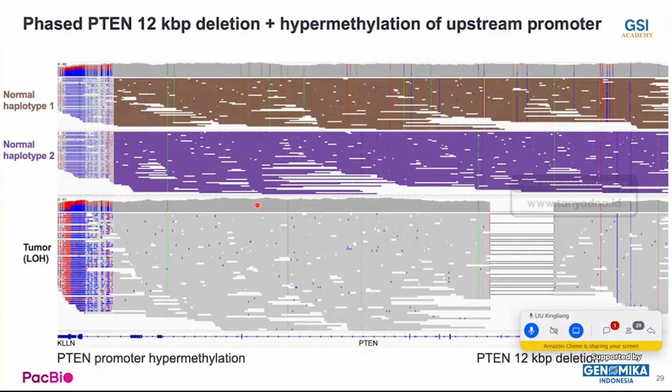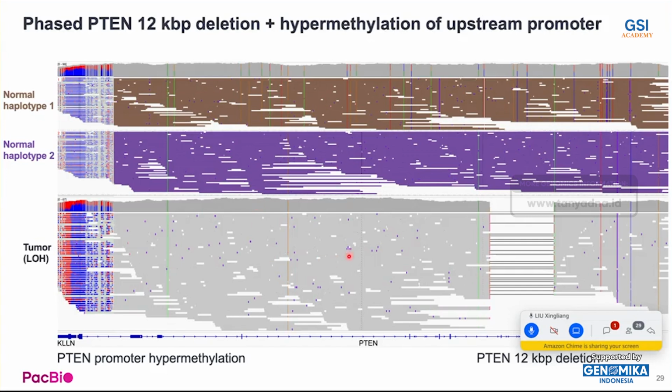Okay, at the end of this session, I just want to share one example showing the integrated view: HiFi sequencing can provide a haplotype-specific integrated view of genomic and epigenomic profiles of underlying cancer genomes.